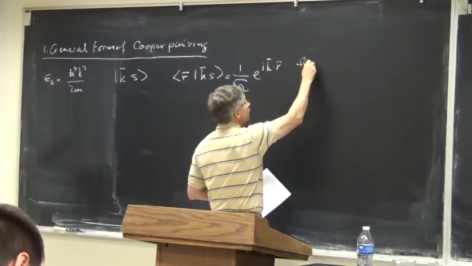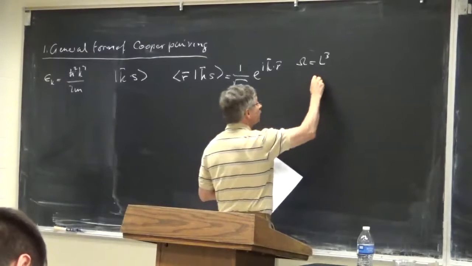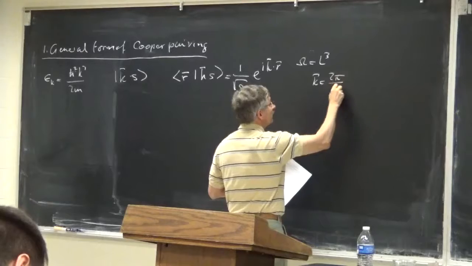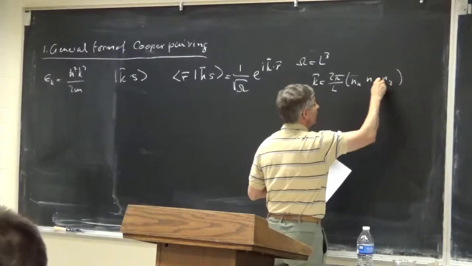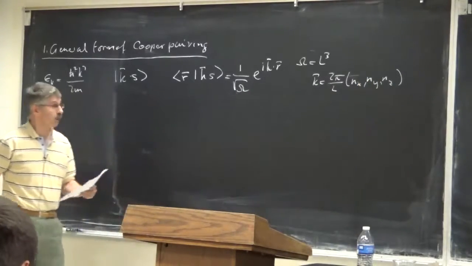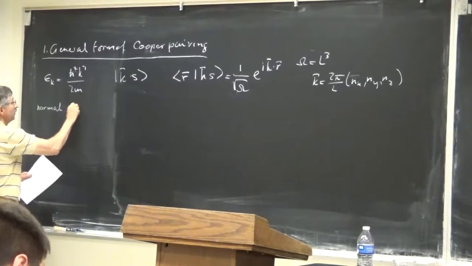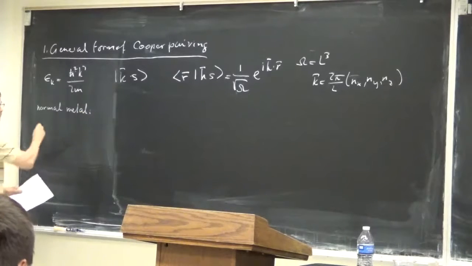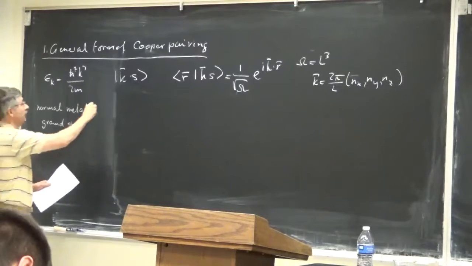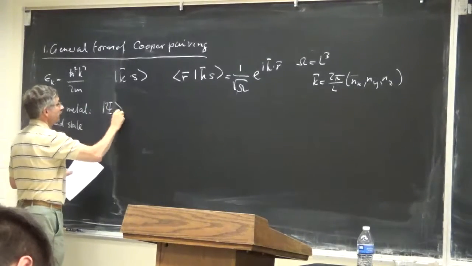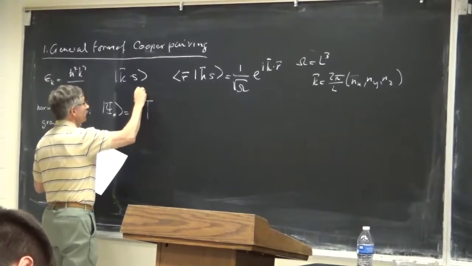Omega is the volume of a cube, and we take a periodic boundary condition in this cube, so the k is quantized, and we have here an x and y and z. These n's are integers. And so now, if we take the normal metal state in the ground state, then we just fill the states up to the Fermi energy, so that's all stuff you know.